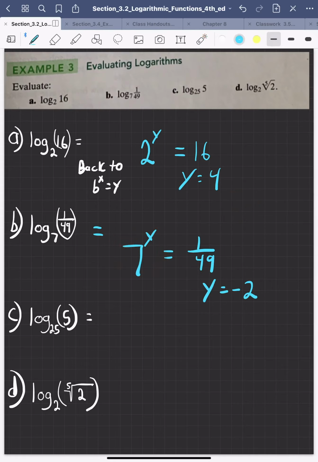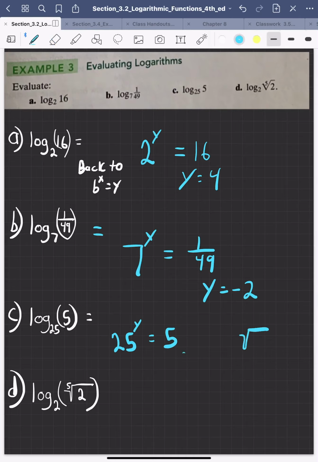Let's keep going. So let's start with our base. So base 25 raised to the power of some exponent has to equal 5. Okay, well, that's just because you know the square root of 25 is 5.